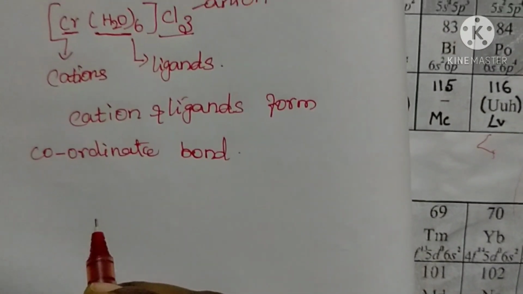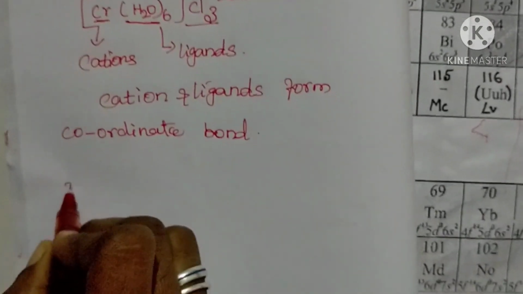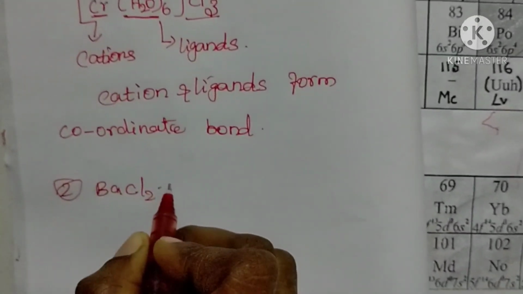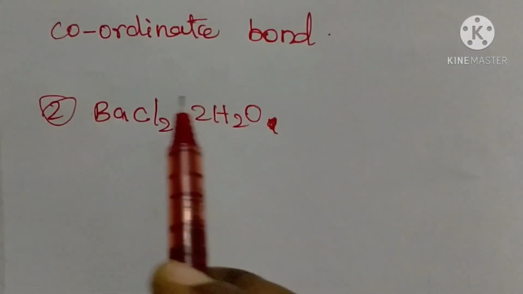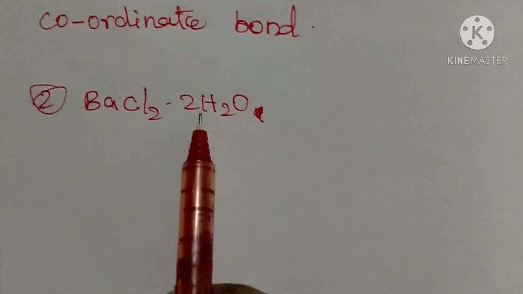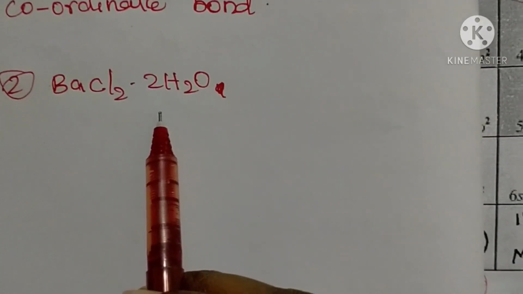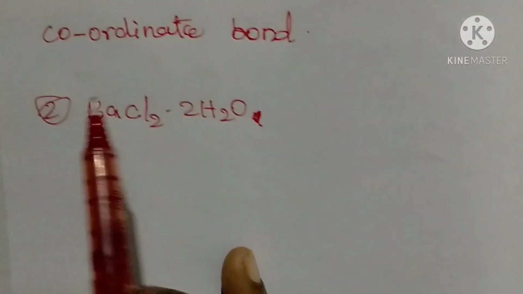For explaining the interstitial position of crystals, we are going to take another example, the second example, BaCl2·2H2O. In this example, it contains two molecules of water. So these two molecules are present in the interstitial position.